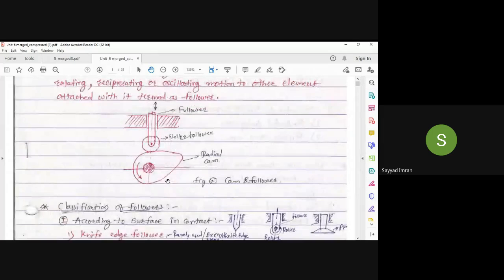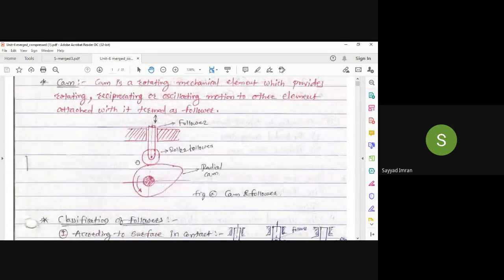This cam and follower is widely used in the IC engine to operate the valves. Basically two types of IC engine we know: the petrol engine, also known as SI engine, and the CI engine.